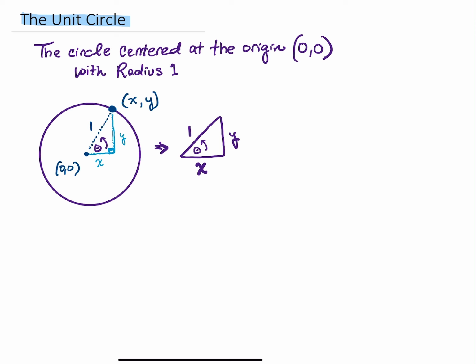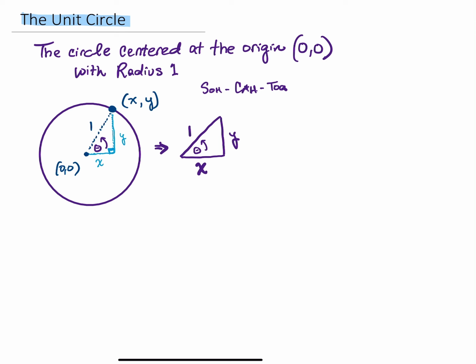So let's use our right triangle trigonometry to define a few things here. And remember, we were using the acronym SOHCAHTOA. Say the sine is the opposite over the hypotenuse, the cosine is the adjacent over hypotenuse, and tangent is opposite over adjacent.